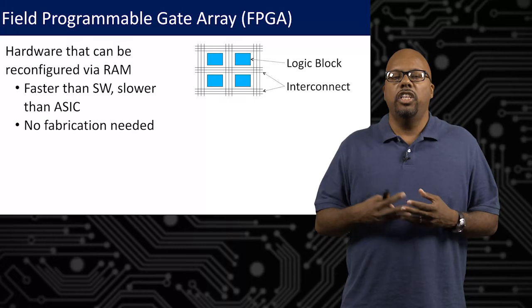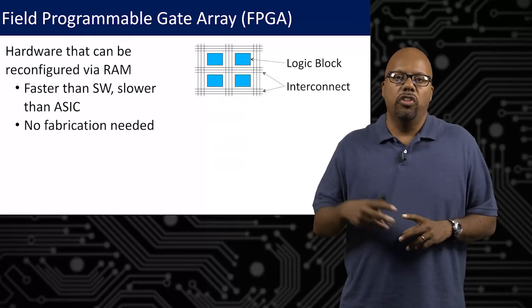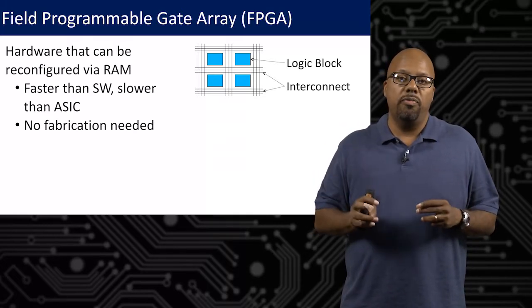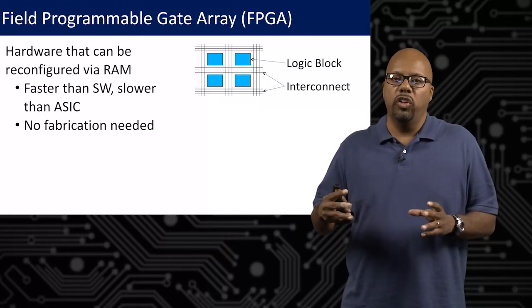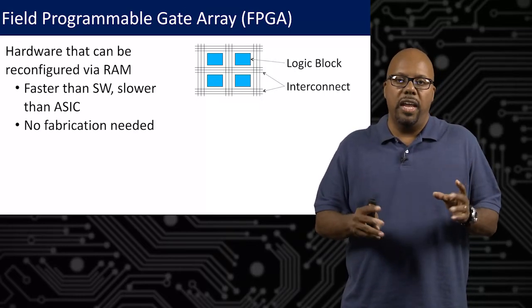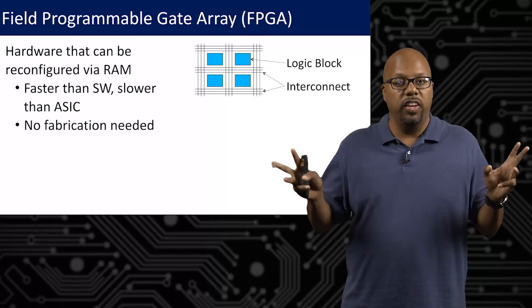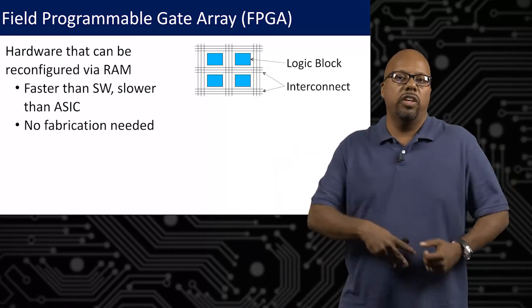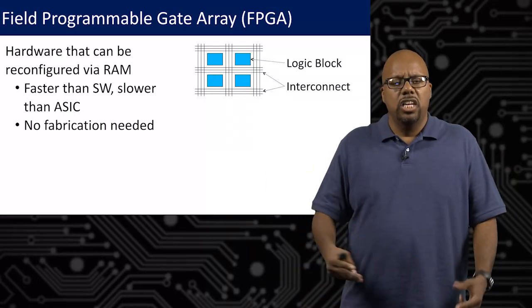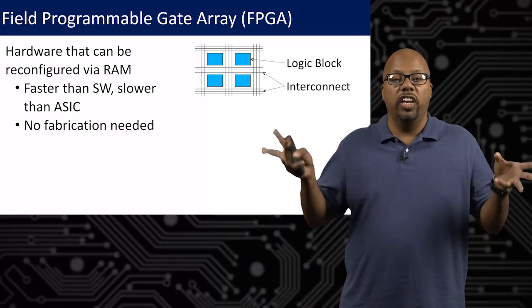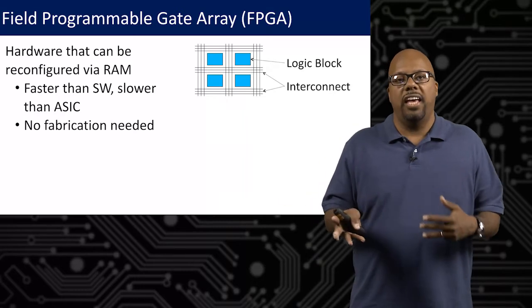So let's say you need something to do audio filtering. You might configure the FPGA to perform filtering. So it's a hardware device that will perform filtering because it's been wired to do that. But then you can reconfigure the device to rewire it so that it performs MPEG encoding instead, or something like that. So you can reconfigure it so that it can perform different tasks.